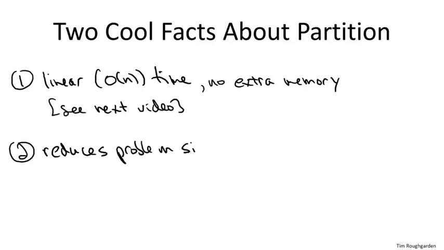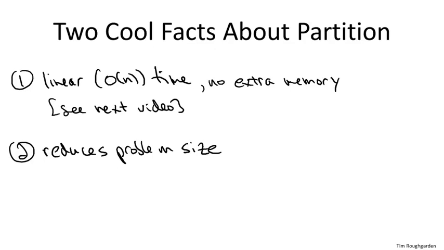Secondly, it cuts down the problem size. So it enables a divide and conquer approach. Namely, after we've partitioned an array around some pivot element, all we have to do is recursively sort the elements that lie on the left of the pivot and recursively sort the elements that lie on the right of the pivot, and then we'll be done.